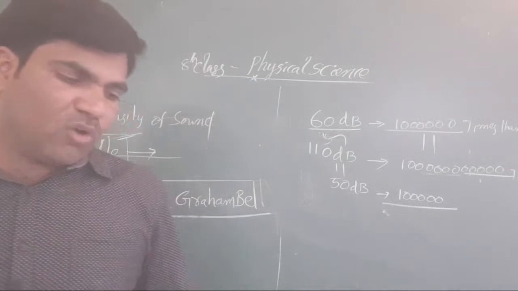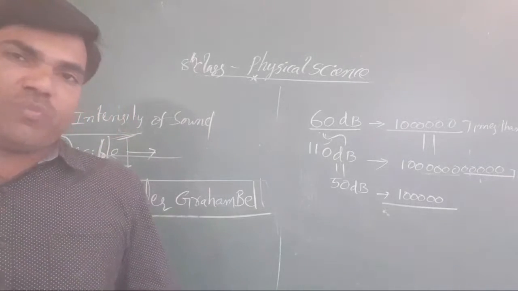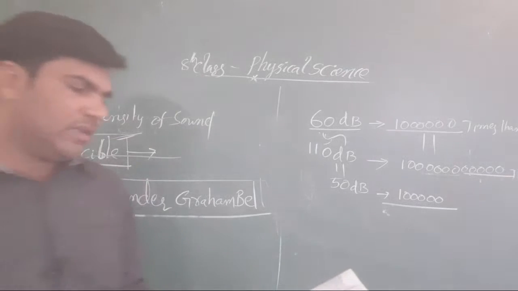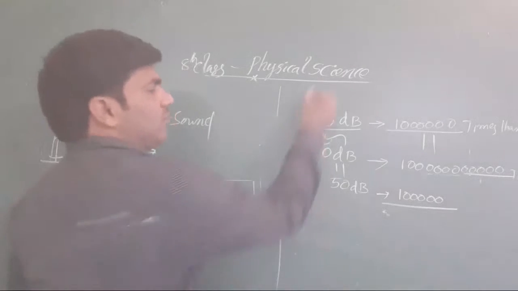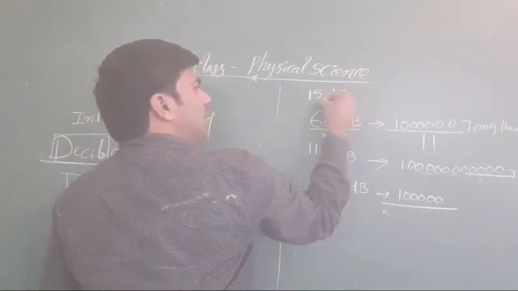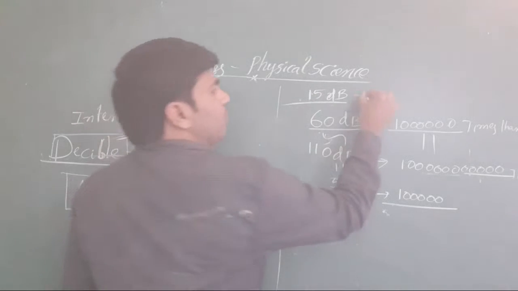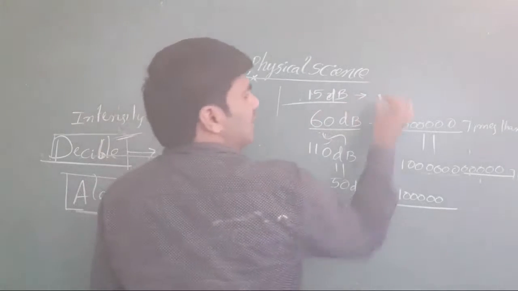How many times is a jet engine more powerful than the whispering sound? Now the whisper sound is 15 dB only. How to write 15 dB then? Simply you have to write here.